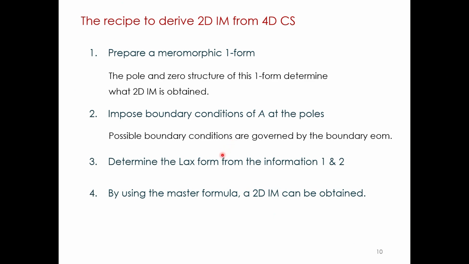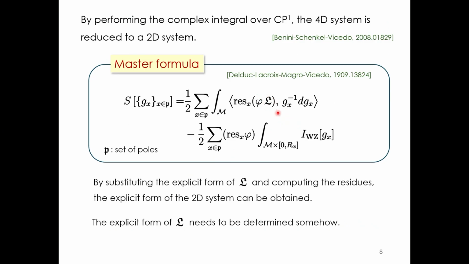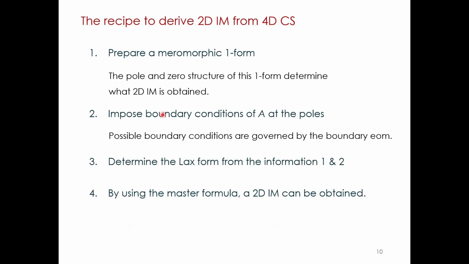Then we can determine the explicit form of the Lax form by using the information 1 and 2. Then by using the master formula, by computing some residues, we can get the two-dimensional action.